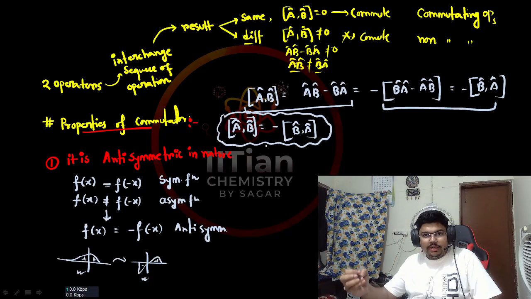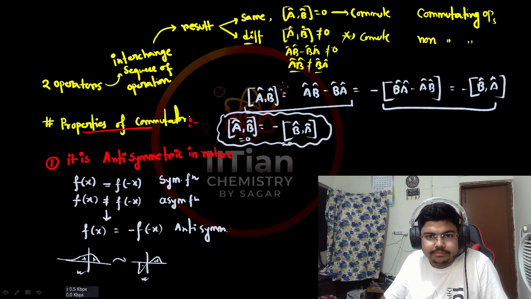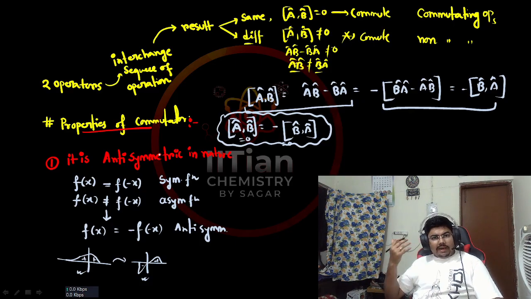Okay. For example, if A and B commute, then this will be 0, this will be minus 0. If they do not commute, still this relation is true. So that means for the antisymmetric property, it doesn't matter whether two operators commute or not. Okay.